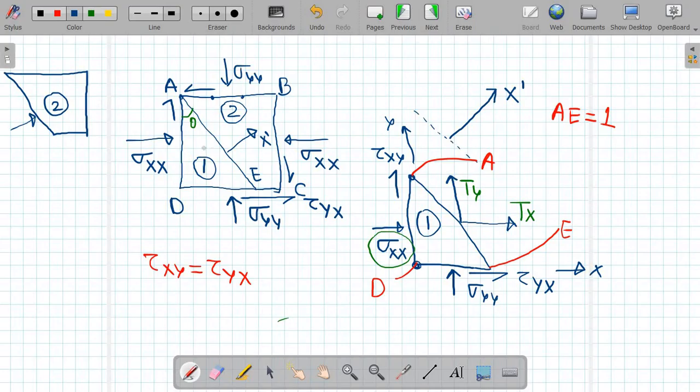Now, another thing is we just find out what will be the force, because we have calculated the normal force, we have to calculate the shear force also. So, where will it be applied? Shear force will be applied in this direction, normal force will be applied in this direction.